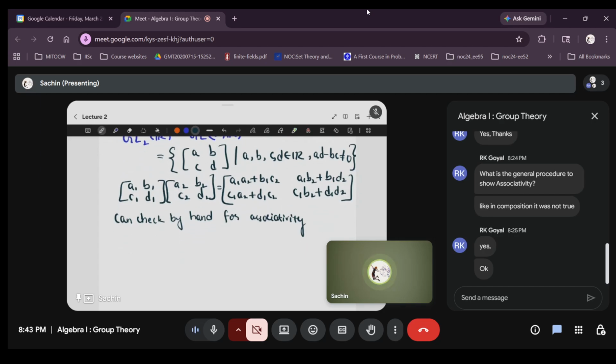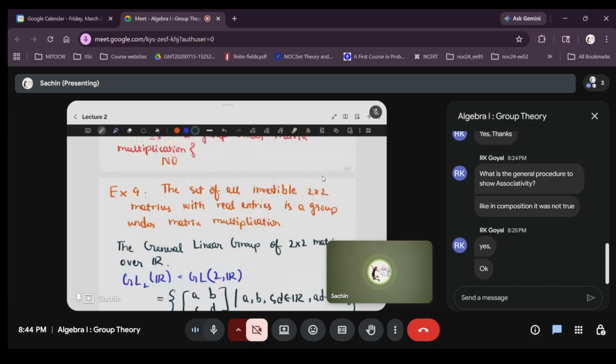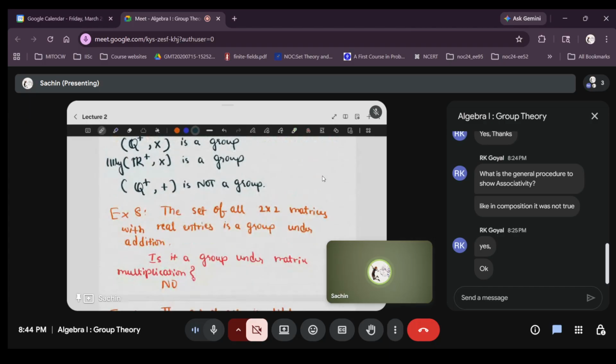What is the identity element for this? Okay, what is the identity element for the addition case?